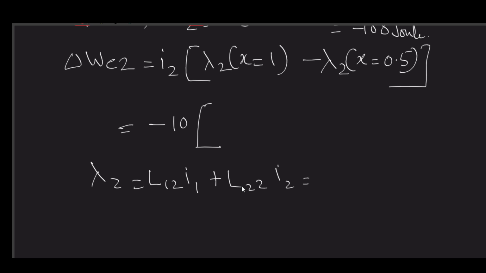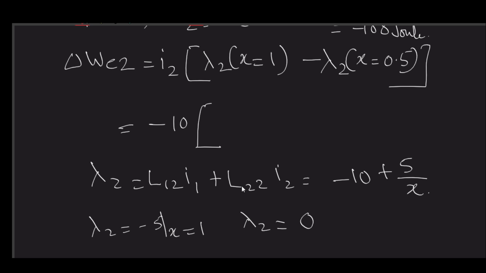So L12 I1 you will get as minus 10 plus 5 by x. For x equal to 1, lambda 2 is minus 5, and lambda 2 is 0 at x equal to 0.5. So we are getting minus 10 times minus 5, which is 50 joule.